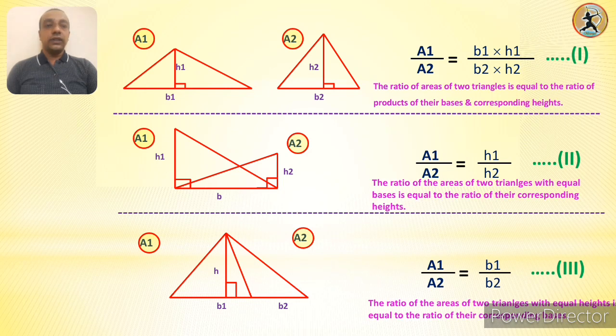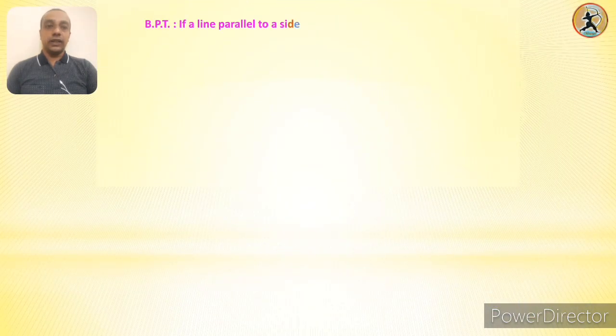And the third one, triangles having equal heights, the ratio of their areas is equal to the ratio of their corresponding bases. So students, now let us move to our theorem, that is the basic proportionality theorem.